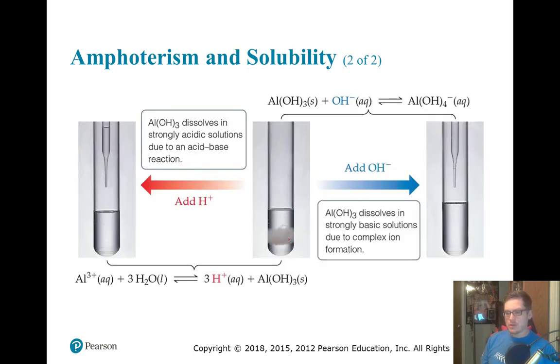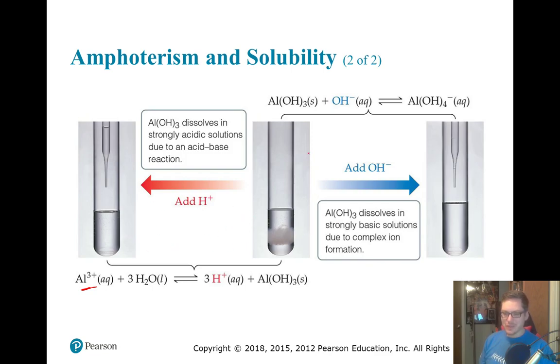So here's an example. Here's aluminum hydroxide, pretty insoluble, has a very low solubility, but if we add in a strong acid to this aluminum hydroxide, what happens is the aluminum hydroxide is going to start acting like a base. These hydroxides are going to come off, start to form water, so this guy will start breaking up into aluminum ions and then water in solution. So notice that he's all by his lonesome in there. You don't have that precipitate anymore.